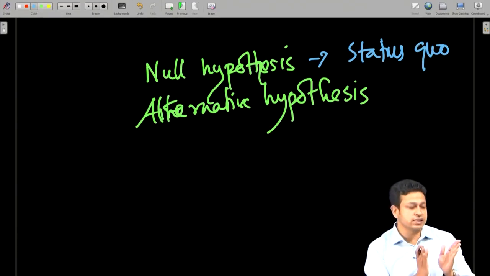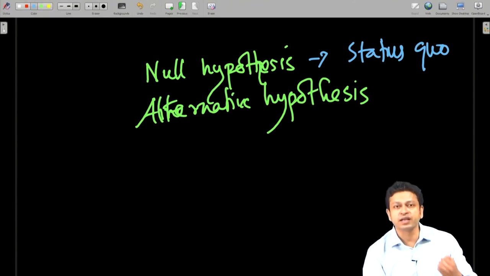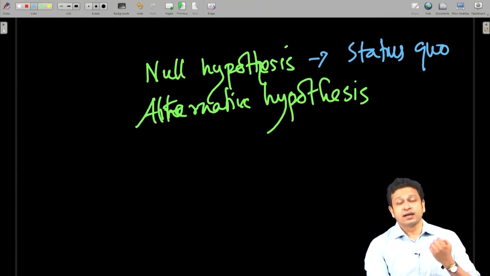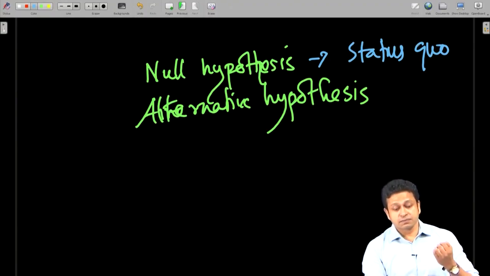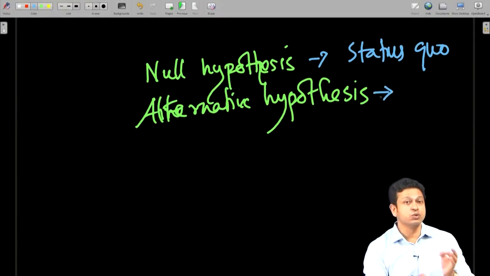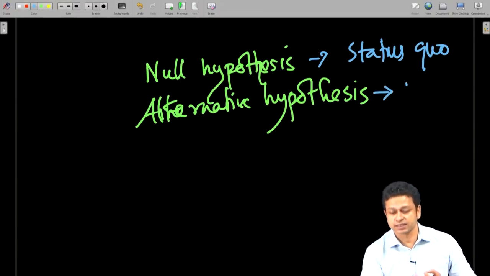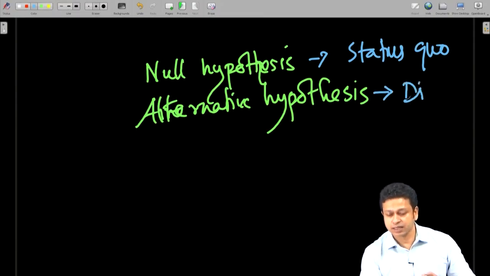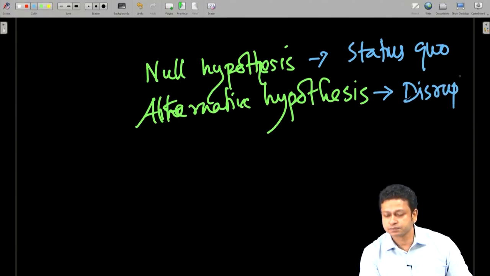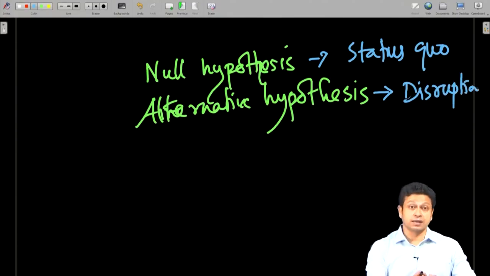So, if something is in one state, the null hypothesis always presumes that state to be perpetuating, that state to be continuing. An alternative hypothesis, on the other hand, assumes that the status quo is disrupted, there is some disruption here. I will explain with an example what I mean by maintaining the status quo and what I mean by the disruption.